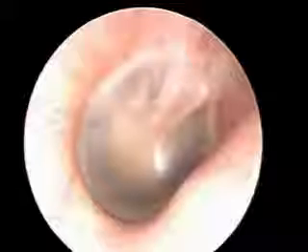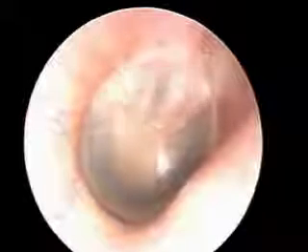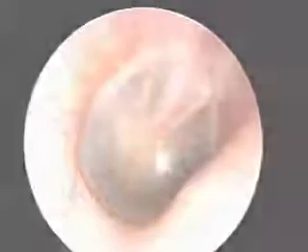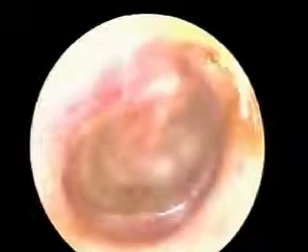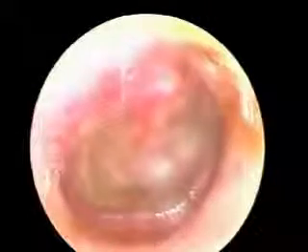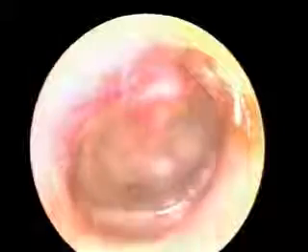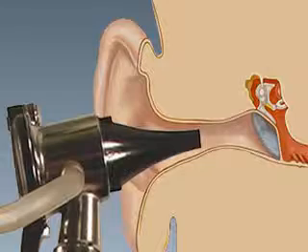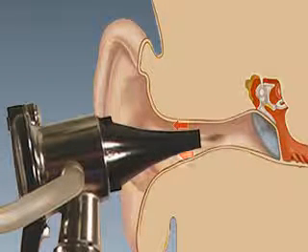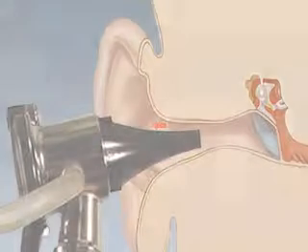In the absence of middle ear effusion, the tympanic membrane will move briskly. When middle ear effusion is present, as in acute otitis media or otitis media with effusion, mobility will be decreased or absent. A common mistake is to use a speculum that is too small relative to the size of the ear canal, which causes a leak in the system.